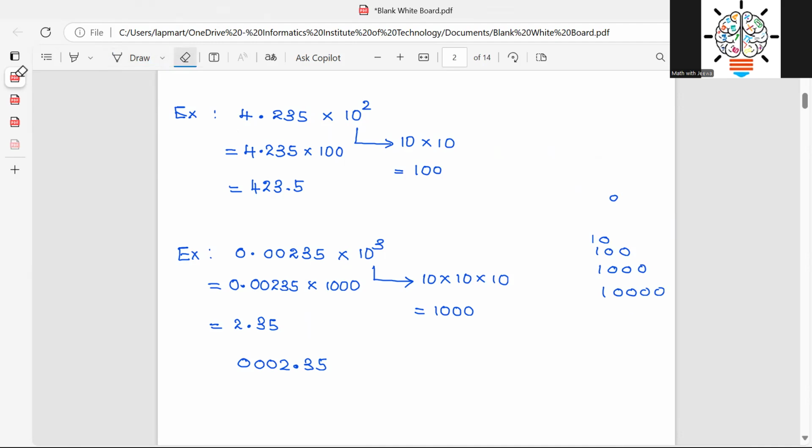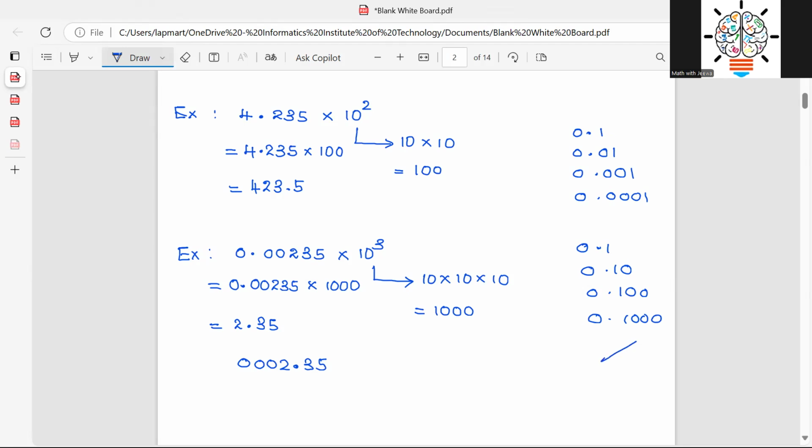On the other hand, if it is a decimal, if I have 0.1 and if I have 0.01, if I have 0.001, the value is changing. But if you have 0.1, 0.10, 0.100, 0.1000, nothing happened.